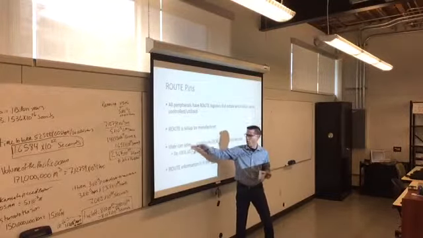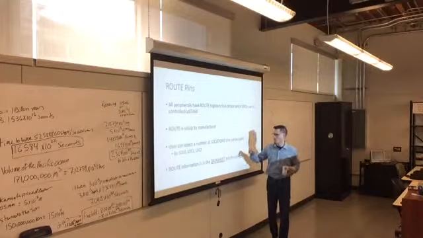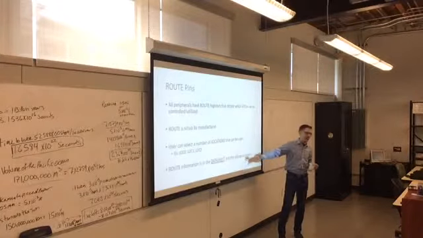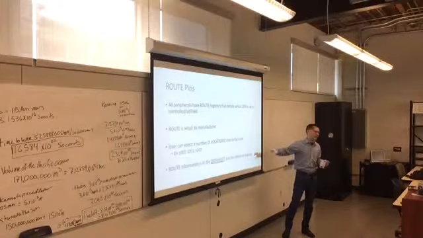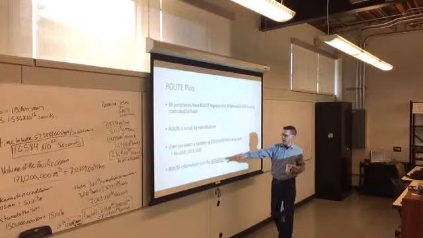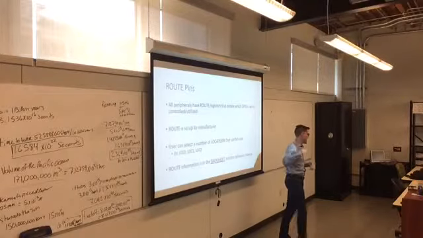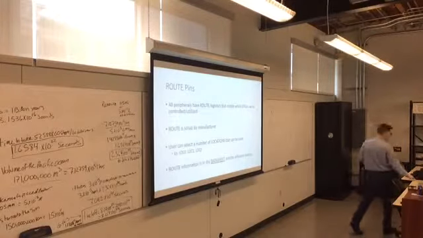So location 0, 1, 2, and so on. All the information about the route pins is in the Giant Gecko datasheet, not in the reference manual. I don't know why this information is split between the 2 documents, but it is in the datasheet. It is not in the reference manual.